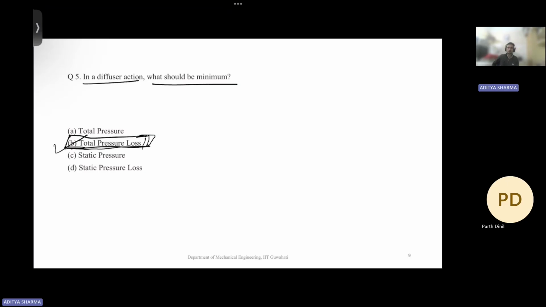Pressure losses can take place because of a number of reasons. Friction is one reason because of which pressure losses take place.